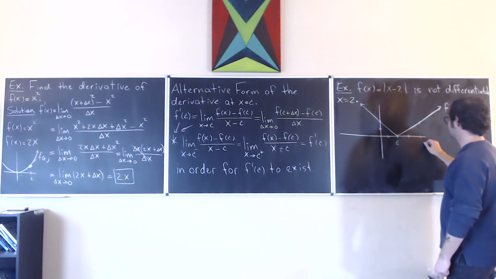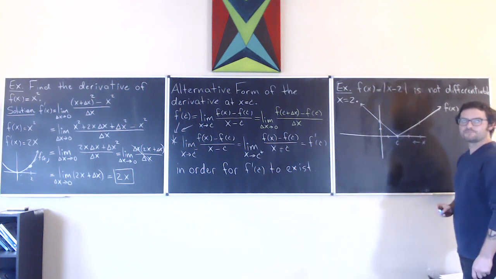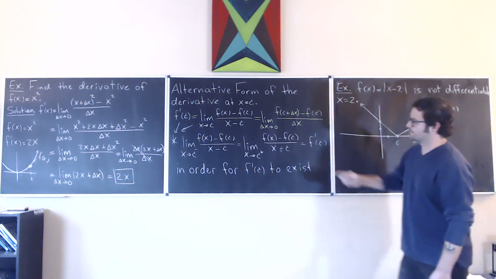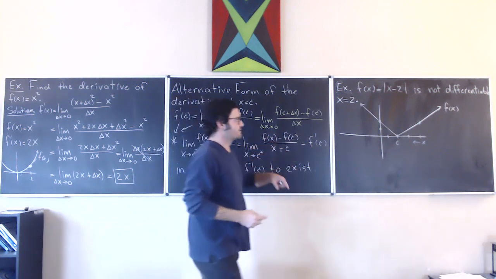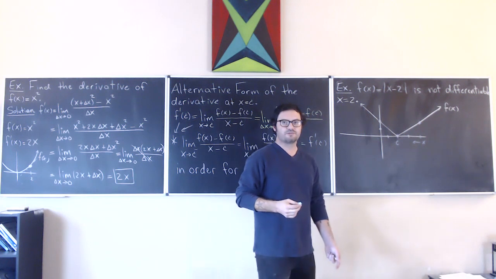So x is going that way. When we first evaluate the difference quotient here, that's just the slope between there and there, the slope of the line connecting those 2 points.